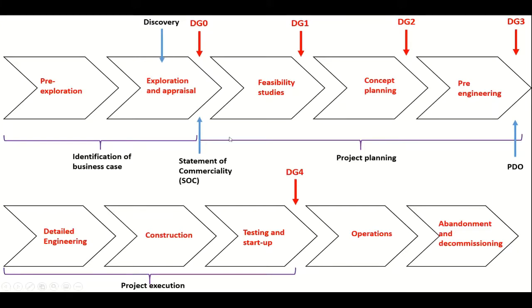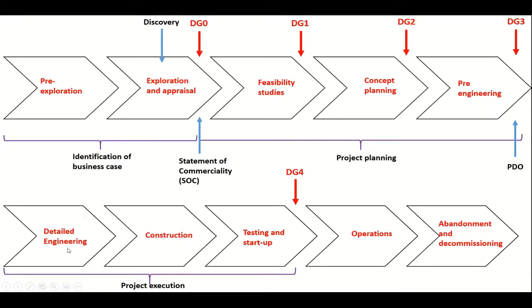As I mentioned earlier, the length or the number of squares or arrows here doesn't represent the duration. Usually operations takes a long time, between 5 and maybe 30 plus years. Abandonment and decommissioning happens in only a few years.